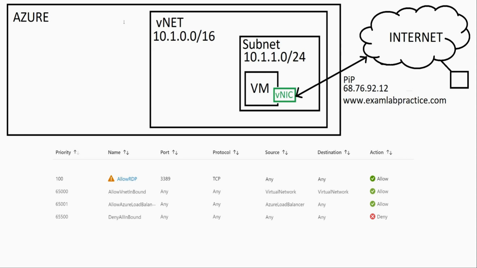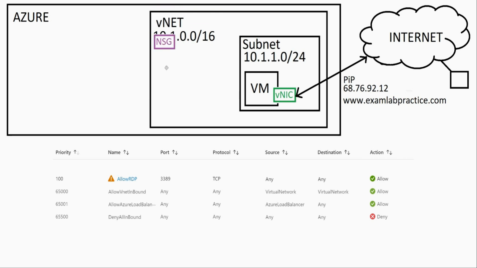Well, again, NSG, ASG. If I'm with an NSG, let's just create an NSG here. All right. So this little box is going to represent an NSG. I can place that NSG in one of two places. I can place it on a subnet.